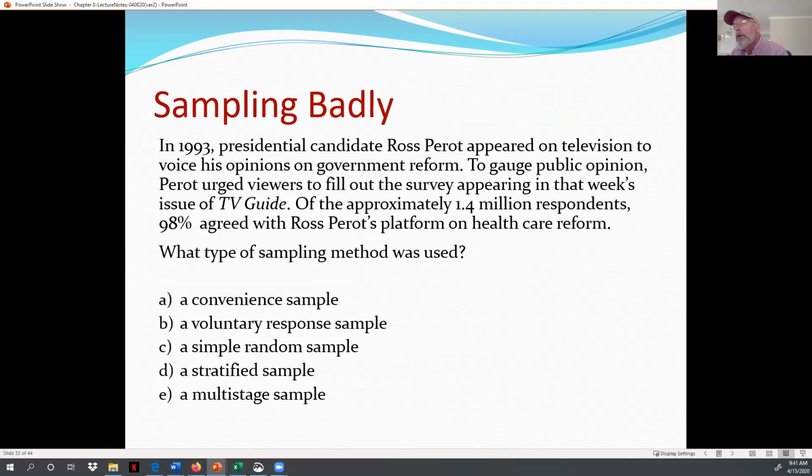All right. So here is another presidential election. Ross Perot appeared on television. He wanted to get his opinions of government reform, and he was running for president. Perot did the same thing that happened in 1936, and he used TV Guide. Does anybody know what a TV Guide was?